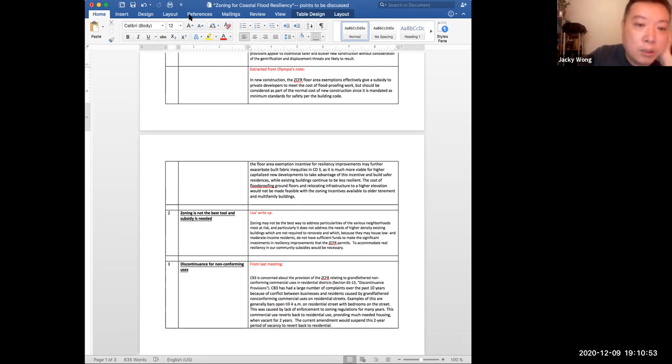So the second point is similar to what we just discussed a little bit earlier. We think that zoning is not really the best tool to address this issue because certain building types are not able to afford that kind of change compared to larger developers, and we propose subsidies should be included for them.